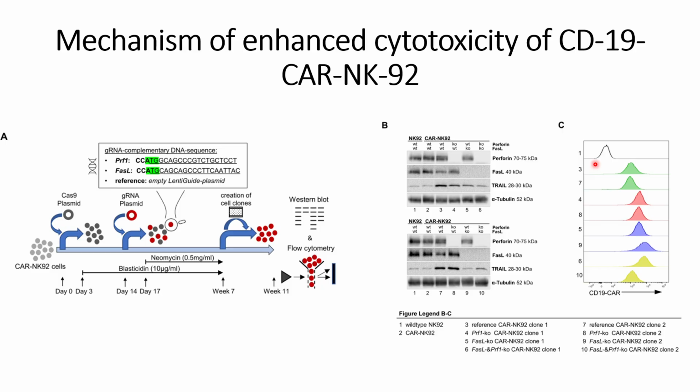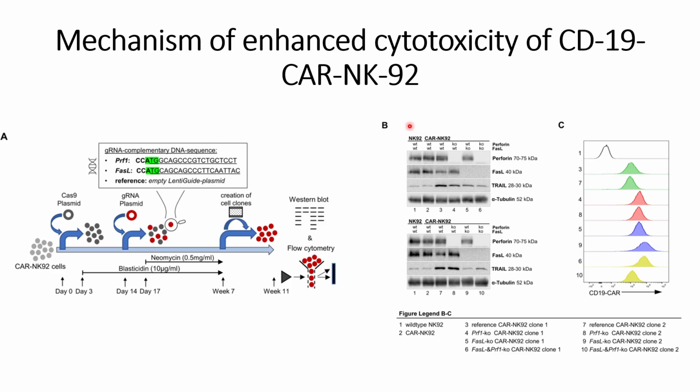Out of the different clones that they have made, they used some of the clones whose results are shown in panel C, where we can see that the CD19 expressions are significantly higher compared to the wild type. So this CD19 expression should be enough to show enhanced cytotoxicity of CD19 CAR-NK92 compared to the NK92 wild type against the target cells that have CD19 expression.